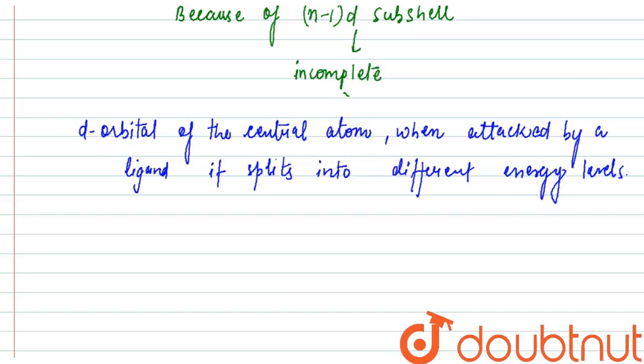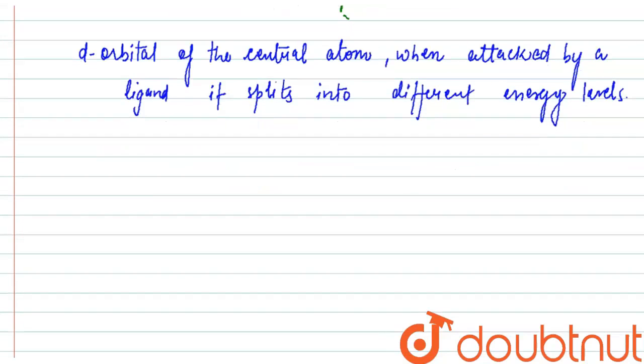Now this splitting phenomenon is because of a theory that we used to learn, that is crystal field splitting theory. According to that theory, when a d orbital is attacked by a ligand, it generally splits into different energy levels, something like this. Let me draw it for you.